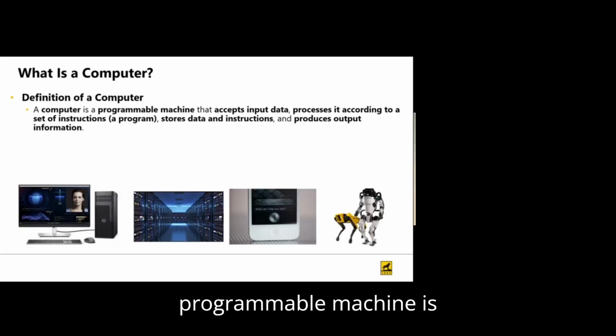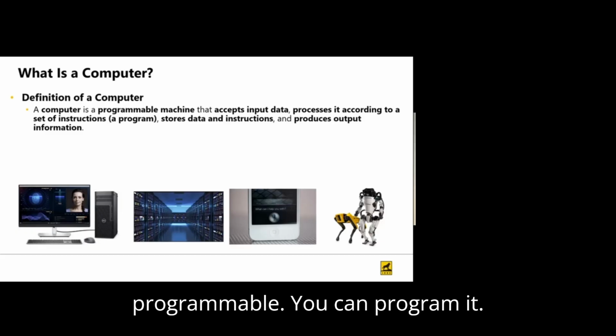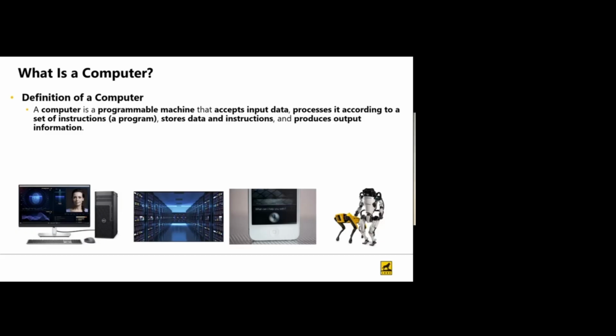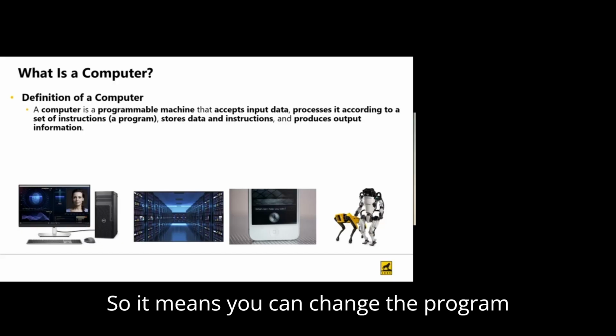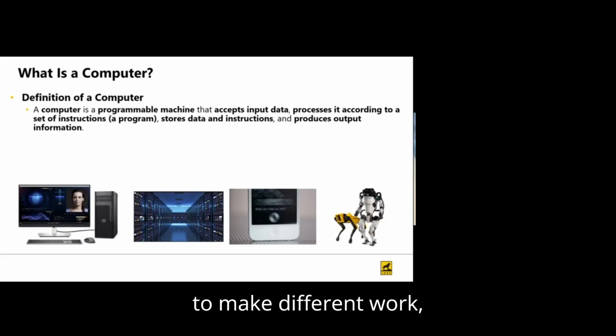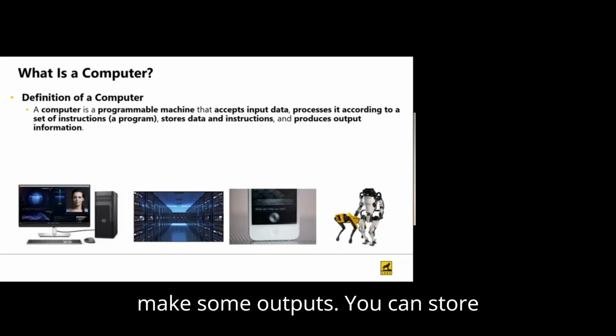A computer is a programmable machine. You can program it, which means you can change the program to do different tasks, accept some input, process it, and according to those instructions make some outputs.